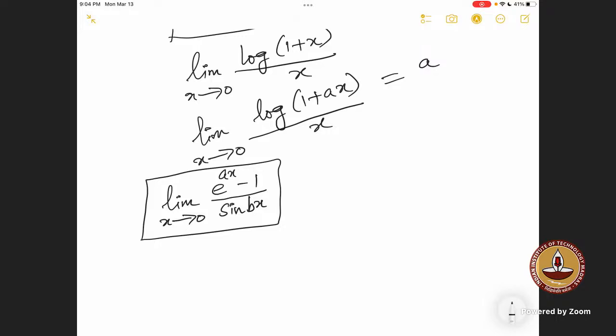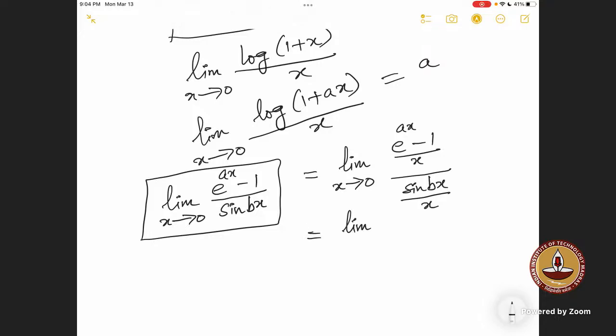What I am doing is, let me rewrite this limit. I divide by x both the numerator and denominator. So it will be limit of (e power ax minus 1 by x) by (sin bx by x). Is that clear for everyone? Now we can split this limit for numerator and denominator.